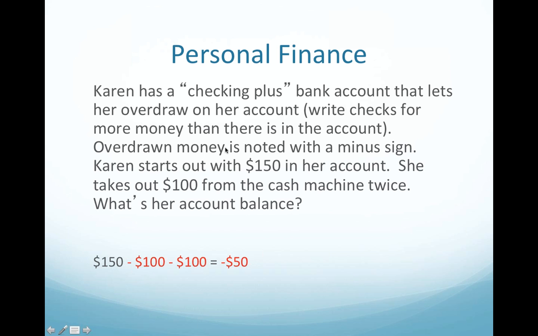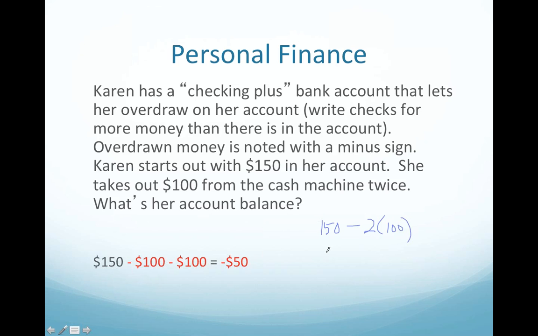In this case, we'll be working with just basic addition and subtraction of integers, negatives and positives. So she started with 150. She took out $100 twice. That problem could be done two ways. Another way of doing it, we could just say 150 minus 2 times 100.